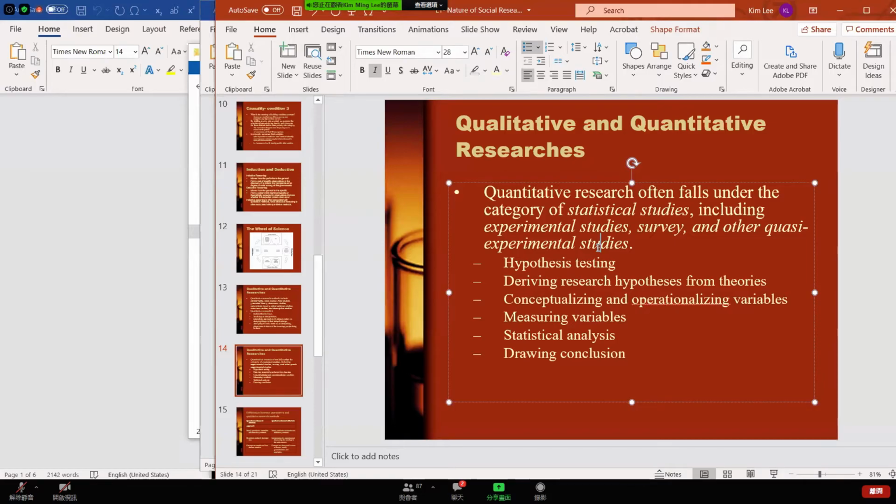So for quantitative research, the steps are pretty simple, standardized. Hypothesis testing. I mean, you derive some hypothesis from theories and try to test it. For an experimental setting, that means you derive theories and use human subjects to do the experiment to test it. For program evaluation, to evaluate social policy, your hypothesis testing is the mission of the program.